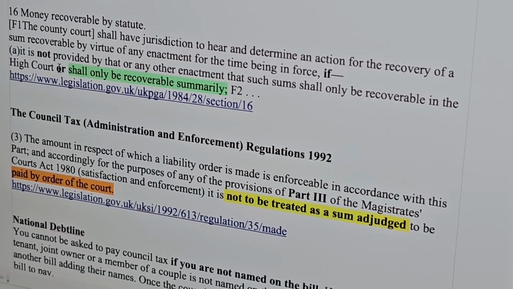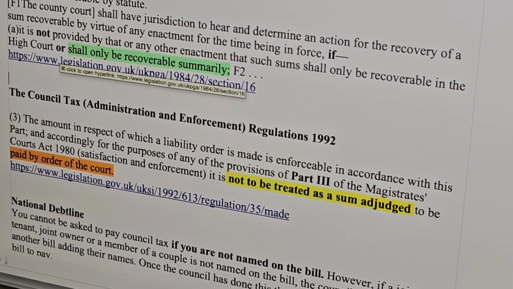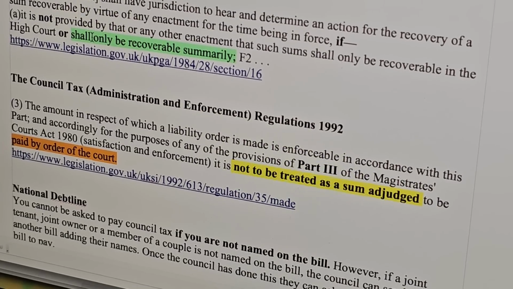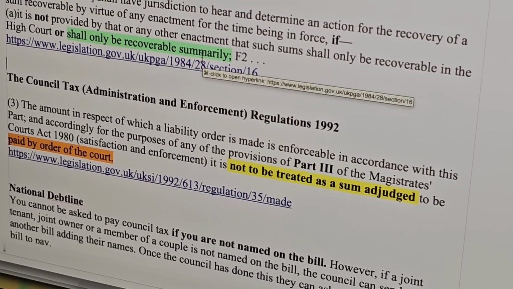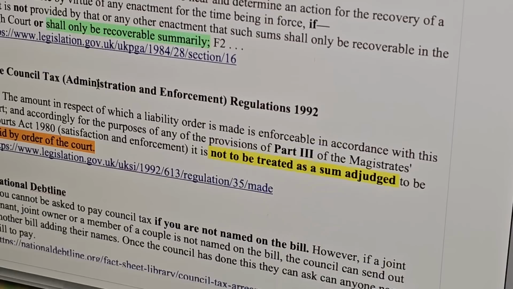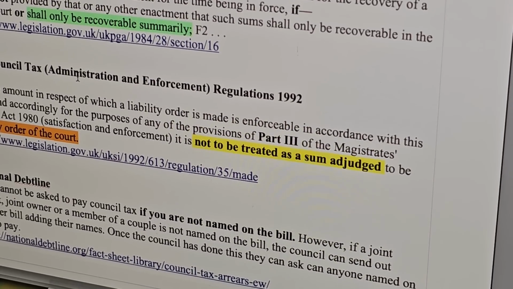So if they could do it in the Magistrates' Court, they wouldn't be allowed to do it in the County Court for recoverable summarily, because it says so. So there's something adrift. And the council tax administration and enforcement regulations.